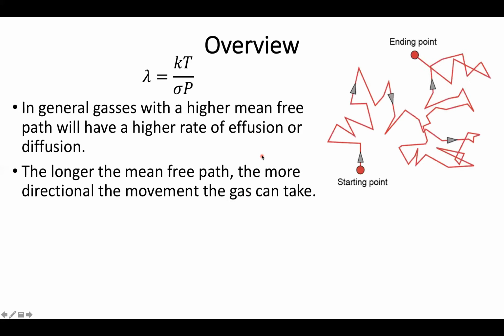A way to think about this is that the longer my mean free path is, the longer I can travel in a straight line before I hit a collision, bounce off in a different direction, and have another collision. This helps us build up a model of how molecules move through a matrix, and mean free path is a very important feature in this. The longer the mean free path, the more time between collisions, and a little bit more directional movement we end up having.